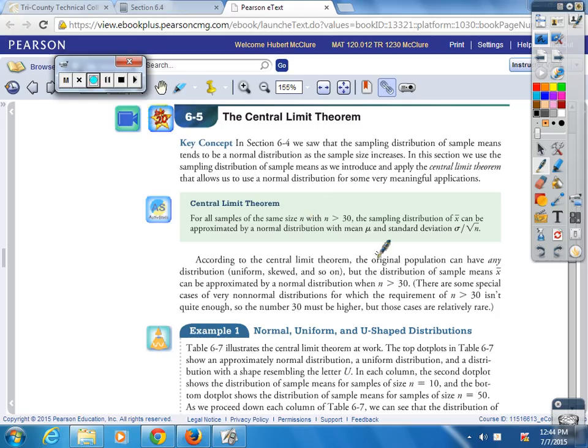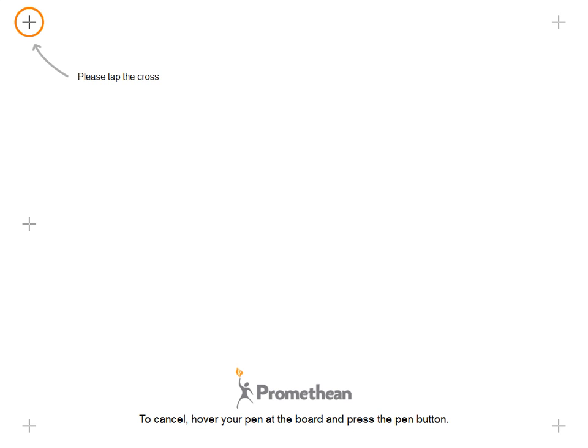All right, the central limit theorem is basically a modification in your z-score. All right? The only difference in 6.3 and 6.5 is a modification in the z-score.